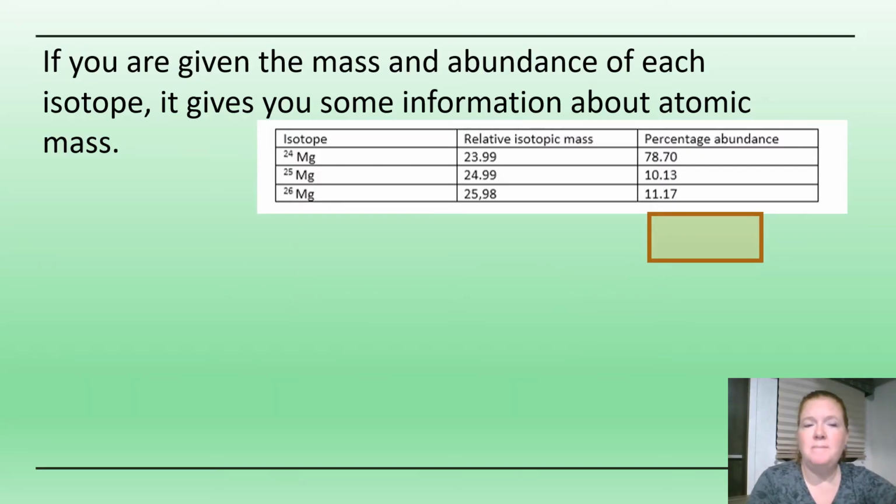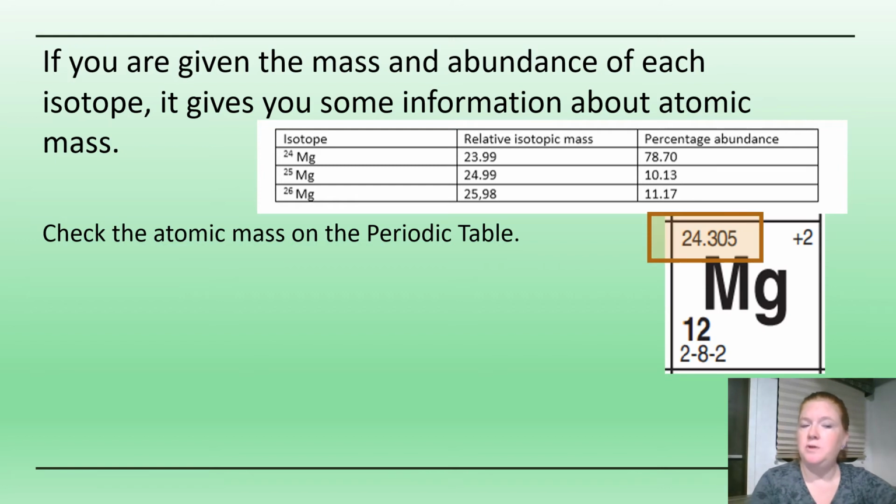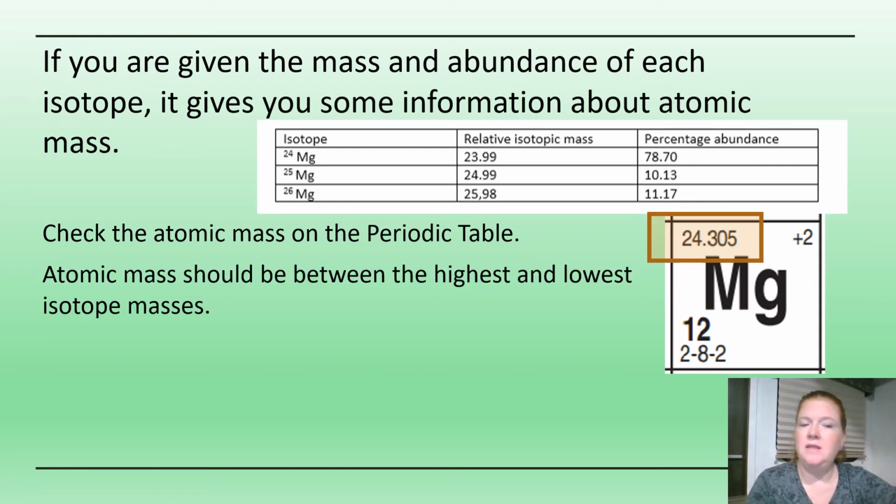If you are given the mass and abundance of each isotope, it gives you some information about atomic mass. So if we look up magnesium and check its atomic mass on the periodic table, I've highlighted it there. The atomic mass should be between the highest and lowest isotope masses.